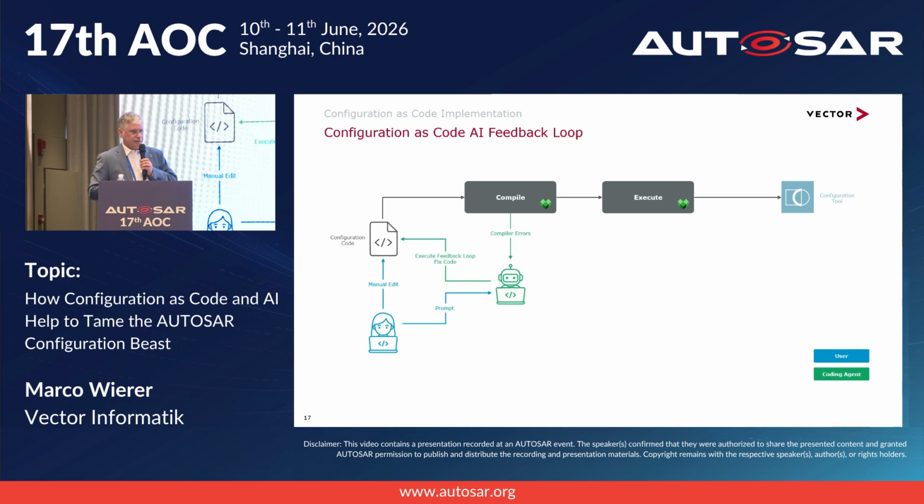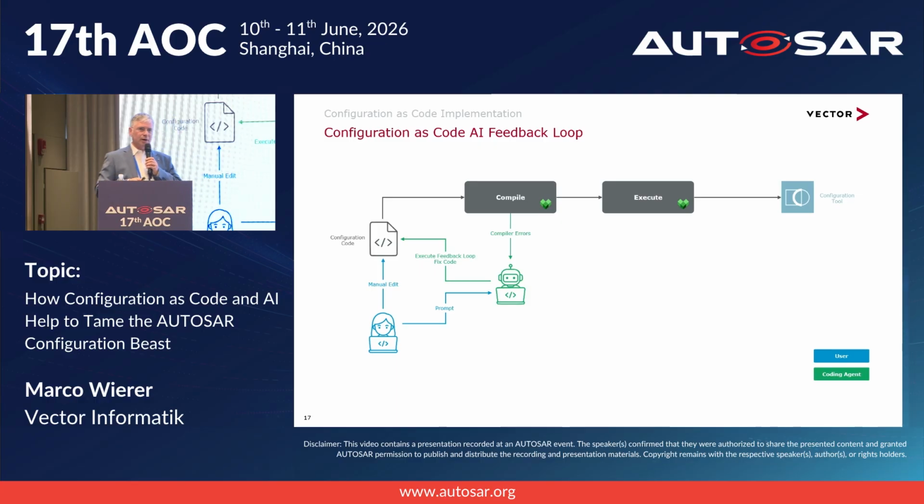So the coding agent would modify the configuration code, call the compile step, and retrieve the results of the compiler output, maybe does some modification, compiles again until this step is done.